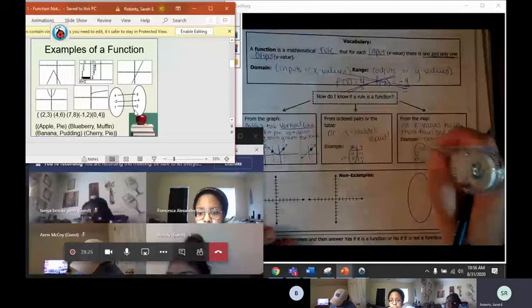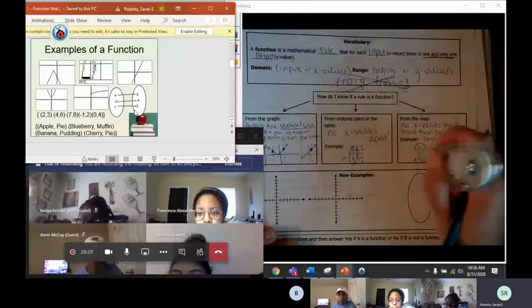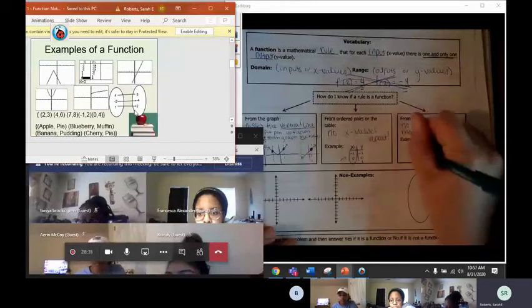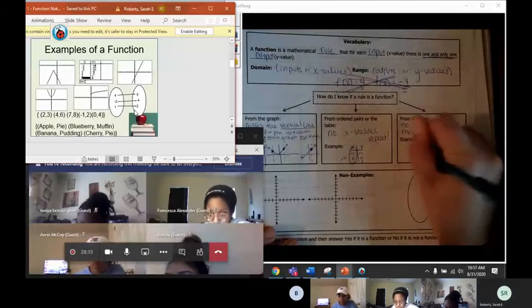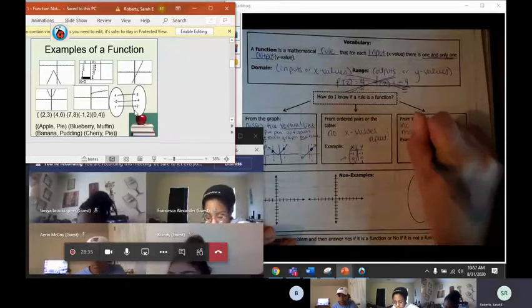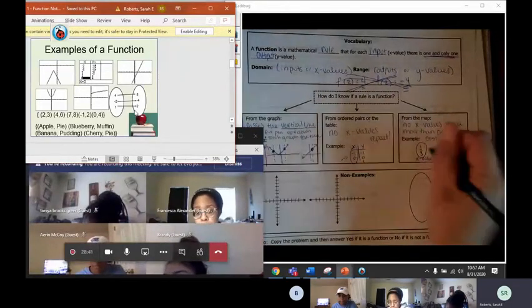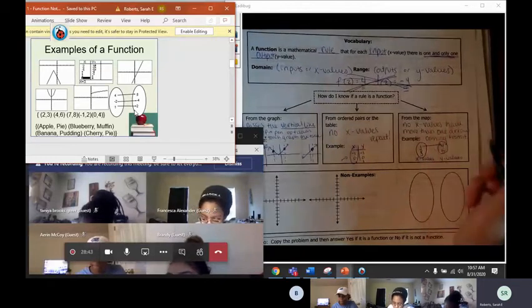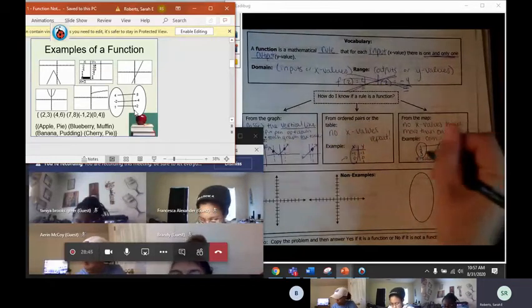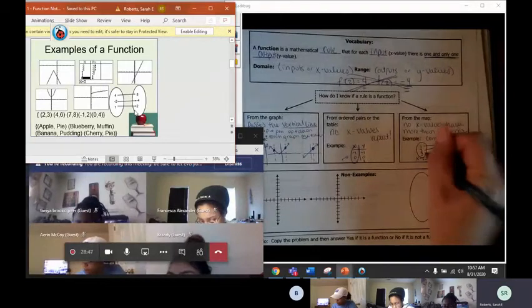Let me fix this bubble so it's not as ugly. It has the same stuff in it. I just didn't like the way it looked. Okay. We have 1, 2, and 3 in our x values, 4 and 5 in our y values. So maybe 1 goes to 4, 2 goes to 4 as well, and 3 goes to 5.